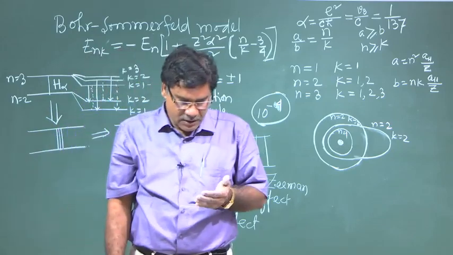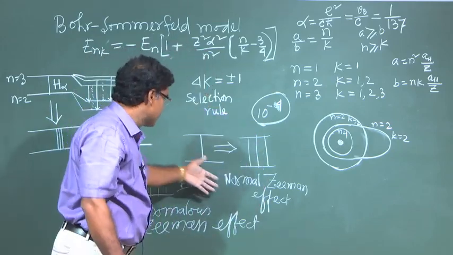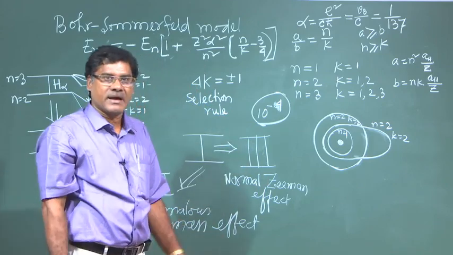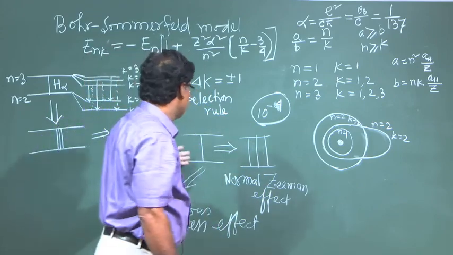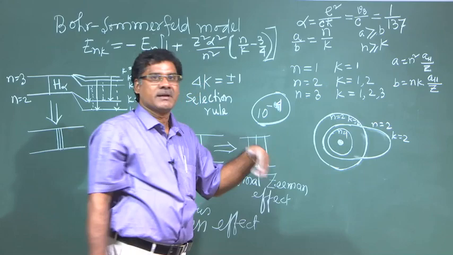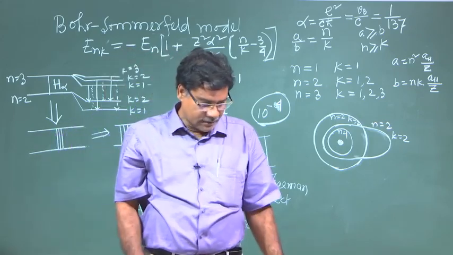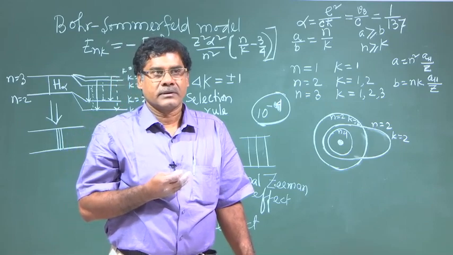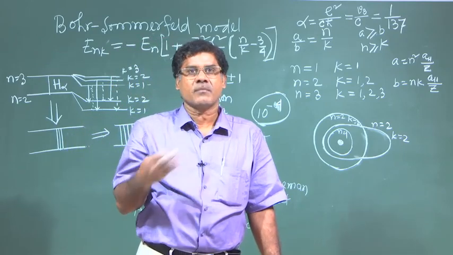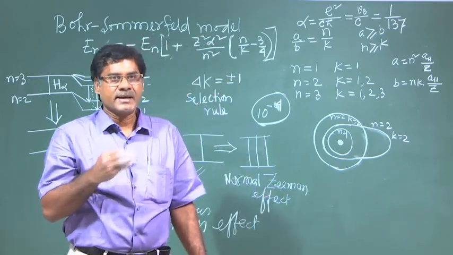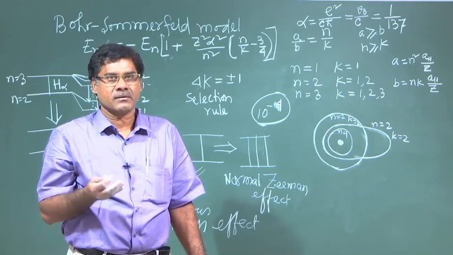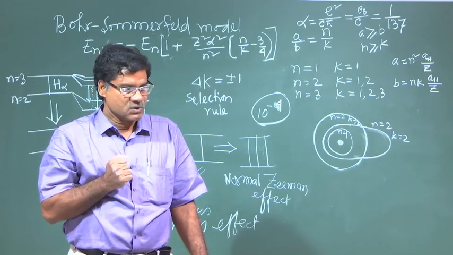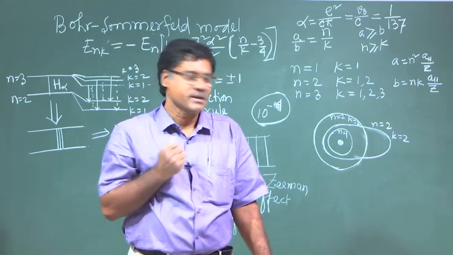Another is that when we apply the magnetic field, one line is split into more lines. Okay. So the tendency is towards more lines. So there should be more splitting of the energy levels, and splitting of the energy levels is only possible from quantization. So more quantization we need.